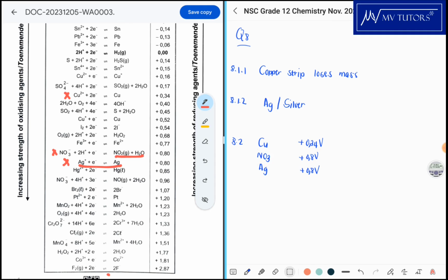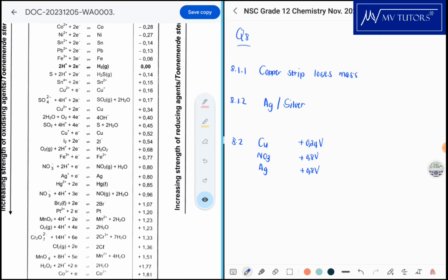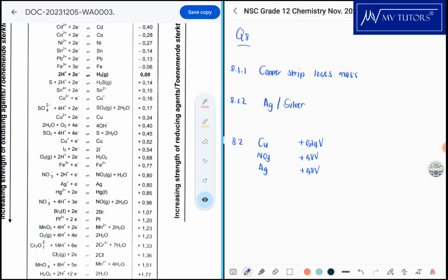So basically copper is the strongest reducing agent, because if you look at your heading here, it says increasing strength of reducing agent. So obviously your copper will be the strongest reducing agent.